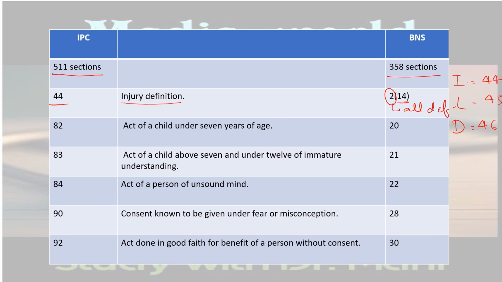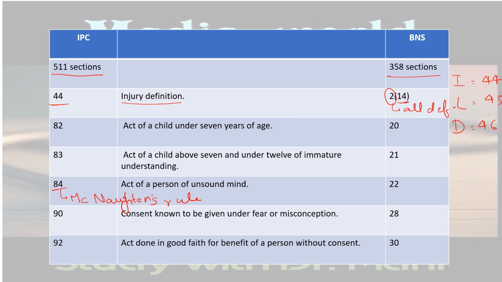Okay. Now let's move towards other sections. First of all, 84. We all have remembered that 84 was McNaughton's rule in IPC. What is McNaughton's rule? If a person is of unsound mind or is not able to understand the crime, then he or she is not responsible or liable for performing that criminal act.